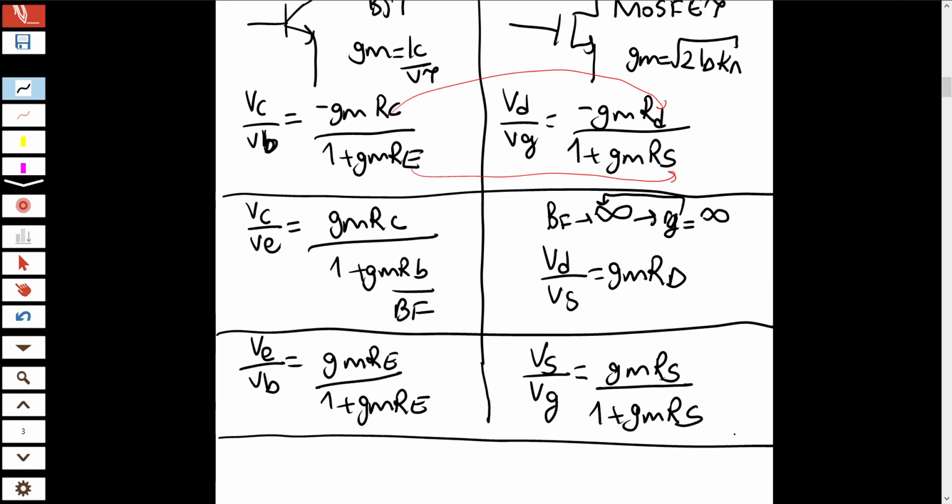We did AC and DC analysis of this, and we have derived these formulas. So in problem solving, I will use these formulas a lot, and I will always remind you of these formulas, but you should know this by heart, guys. If you want to move on in electronics, if you want to do analog electronics, digital electronics, or analog integrated circuits, you should know all these formulas.